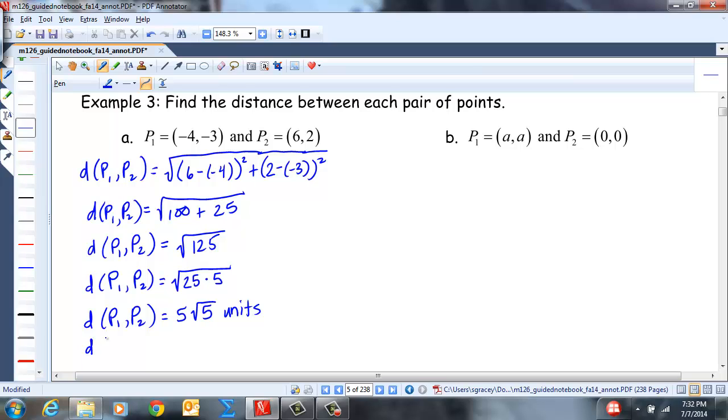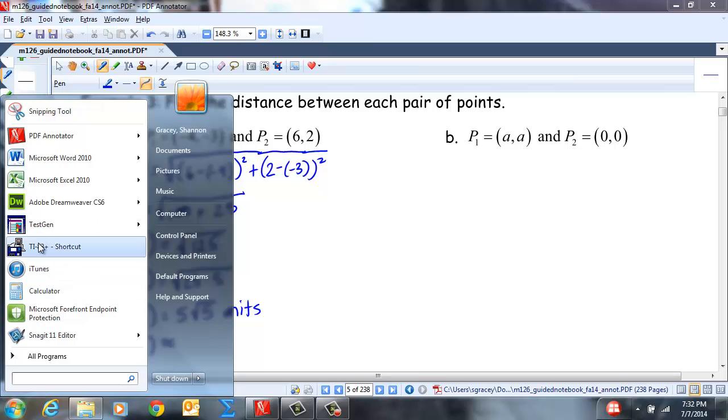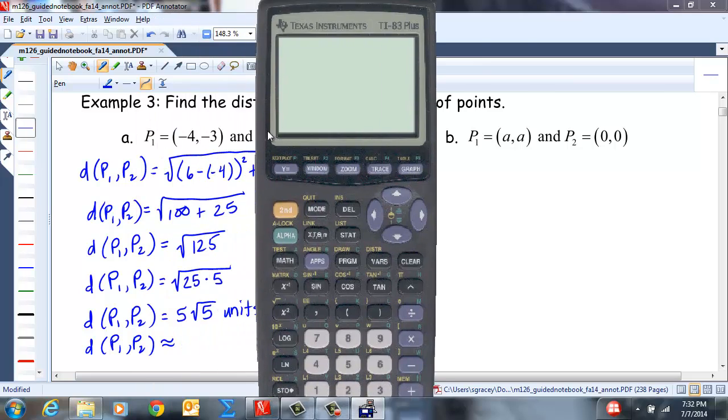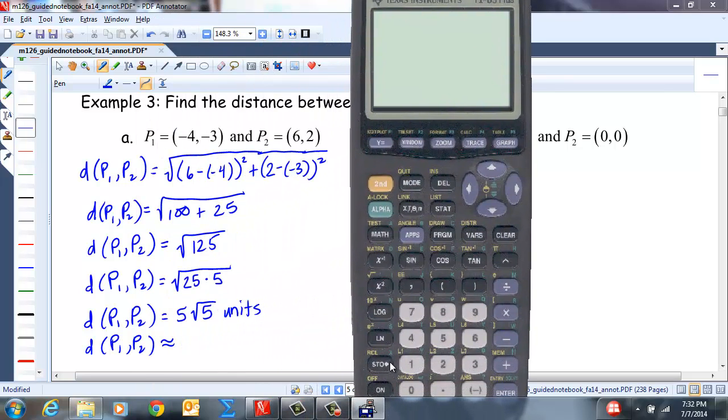Now, the approximate result, I'll put a wavy equals. You could also do an equals with a dot. This is going to be, let me get the calculator up. By the way, I use a TI-83 to show things, so they might look a little different than the newer calculators.